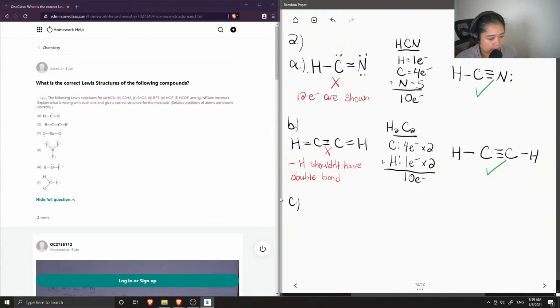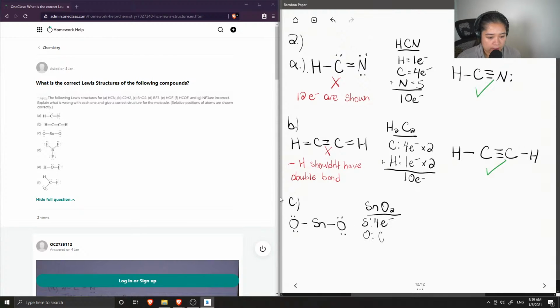Okay, so the next one, we have 2 single bonded oxygens to tin. And now let's count out how many valence electrons are supposed to be in this molecule. So tin has 4 valence electrons.